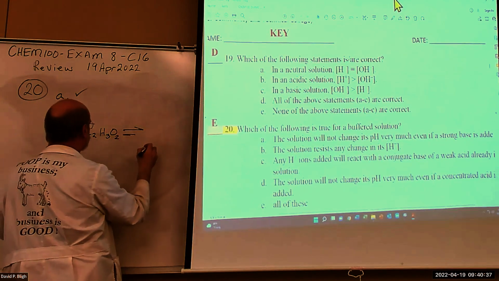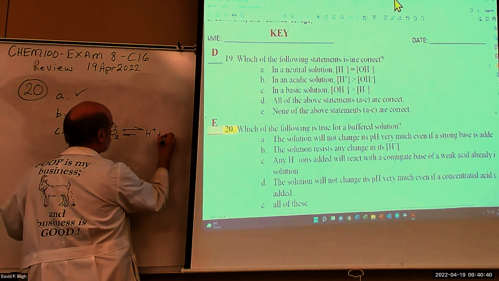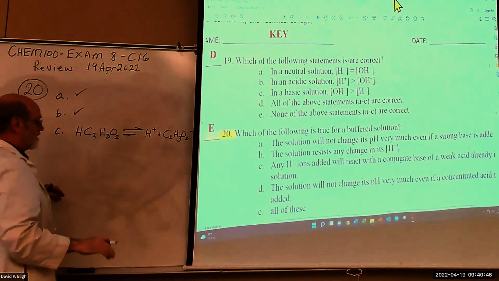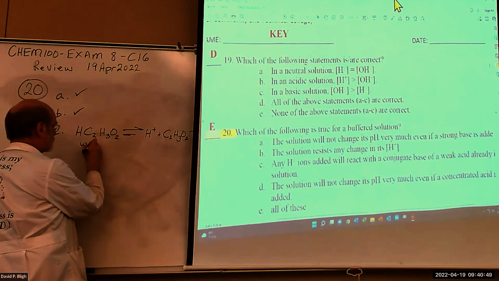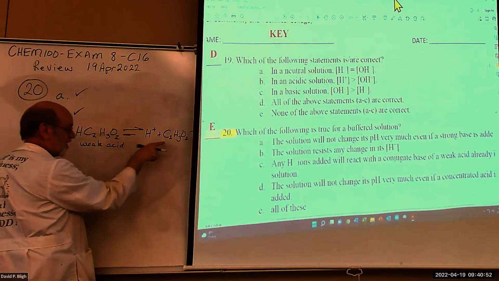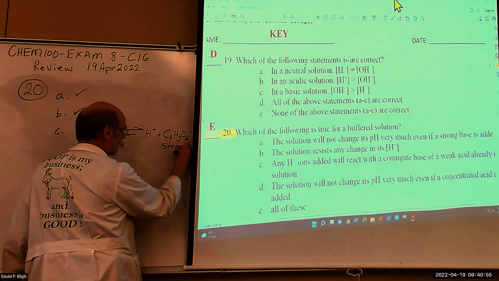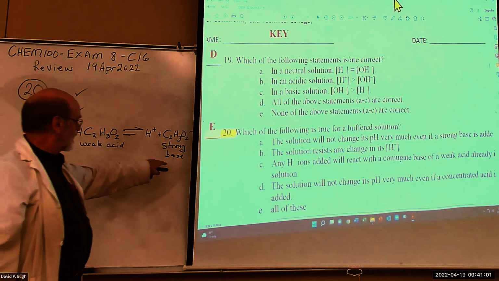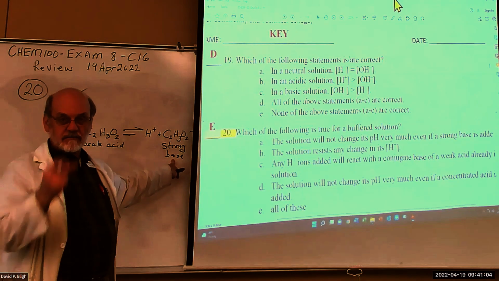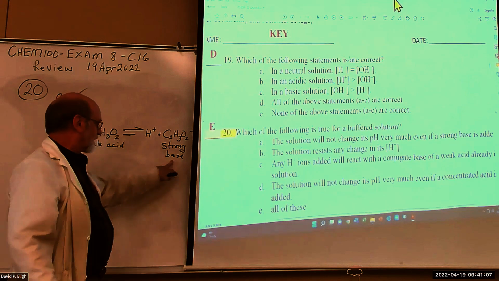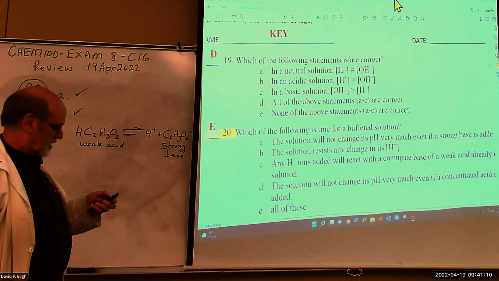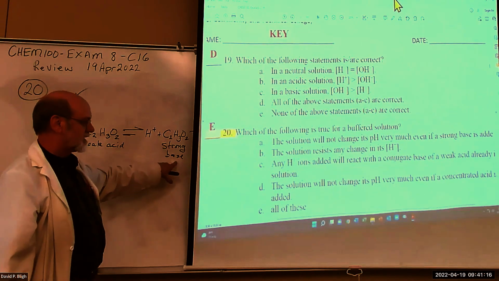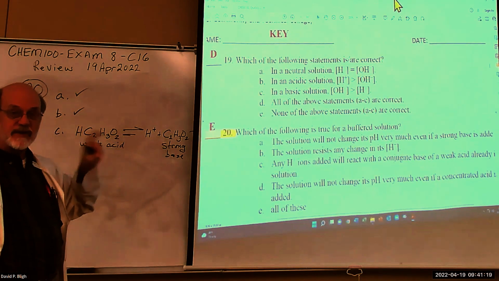So it's going to produce hydrogen ions plus acetate ions. This is a weak acid, which makes this a strong base. So if you add hydrogen ions to it, they're going to be picked up by that strong base. Just snap them up. So is that true? Any hydrogen ions added will react with the conjugate base of a weak acid? Yes, that's true. And it has to already be in solution.